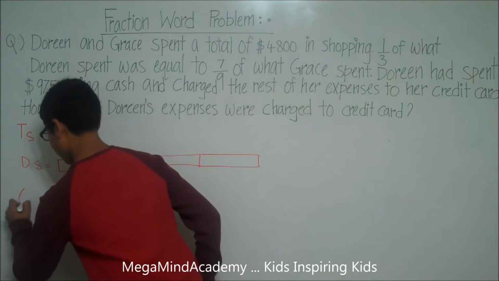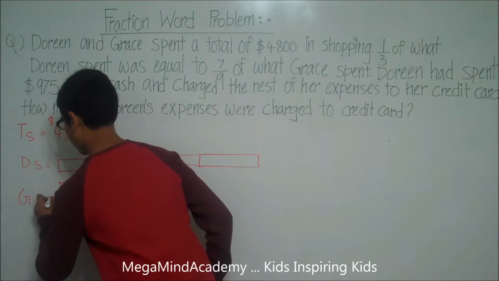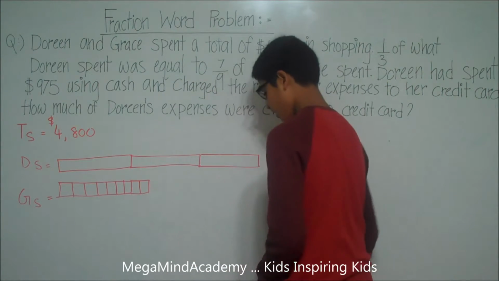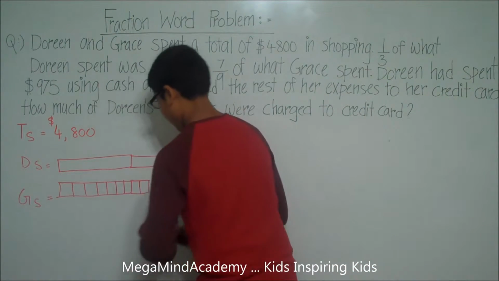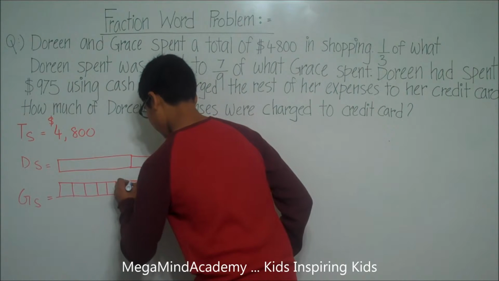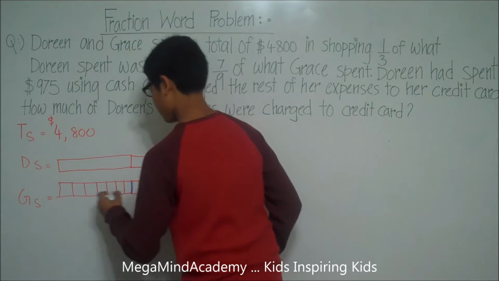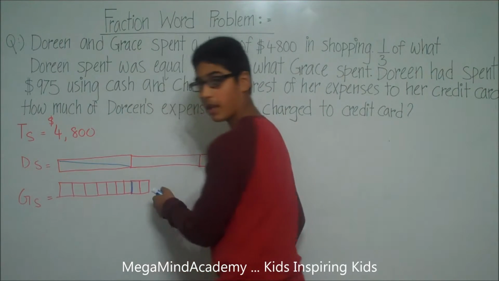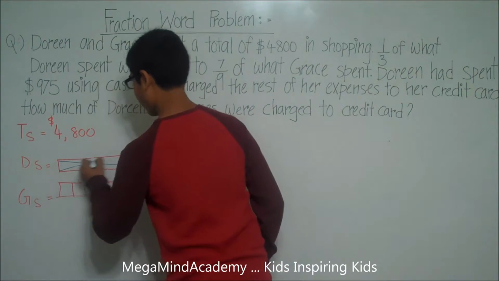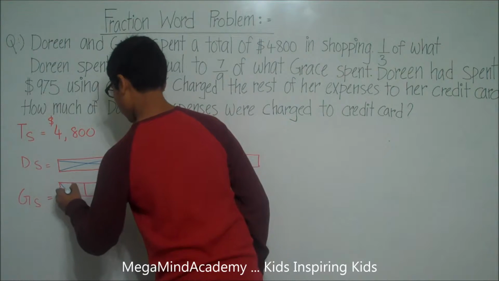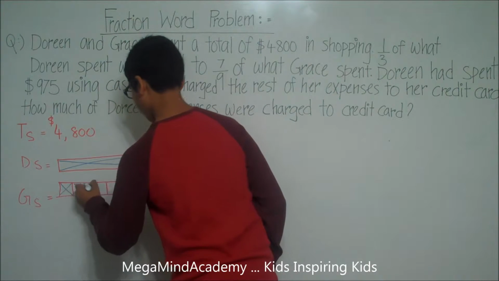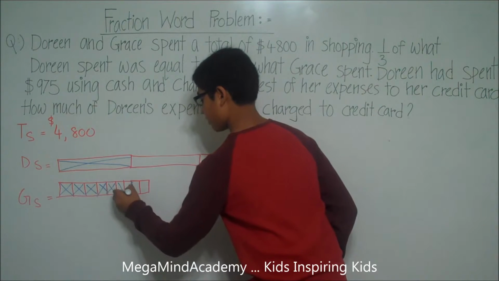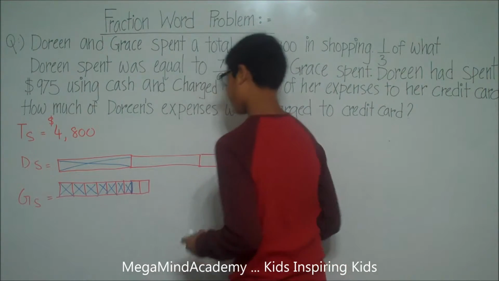So Grace spent, G for Grace, S for spent, is equal to 9 units. And we know that in the 9 units, 7 of these blocks is equal to 1 of Doreen's units.